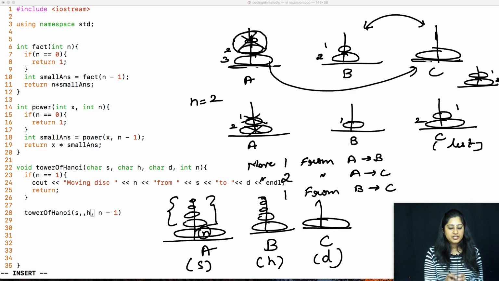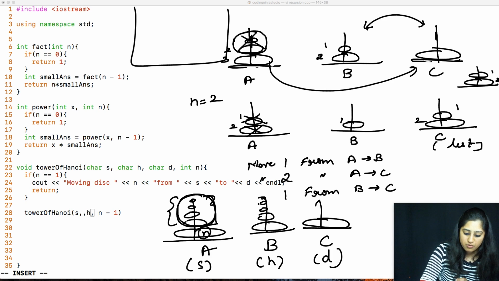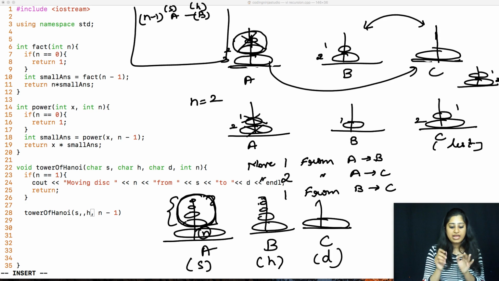What we did initially, we assumed that we have to move the first n minus 1 disks from A to B. What was A? A was the source, B was the helper. So, now the helper is my destination because I have to move to that.